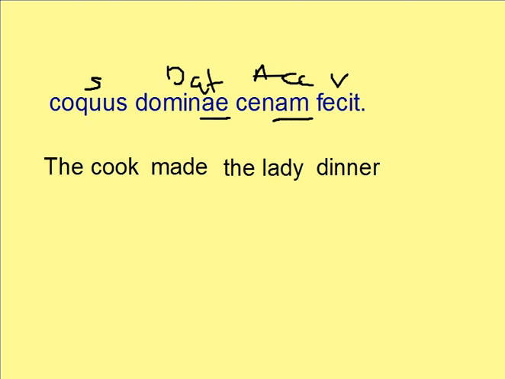Last one, quis mercatori navem vendit. Here it's a little trickier to identify my subject because it isn't a person. In fact, quis, who, is my subject. I see my accusative ending on navem, and I see an I third declension dative ending on mercatori, so I know that's dative.